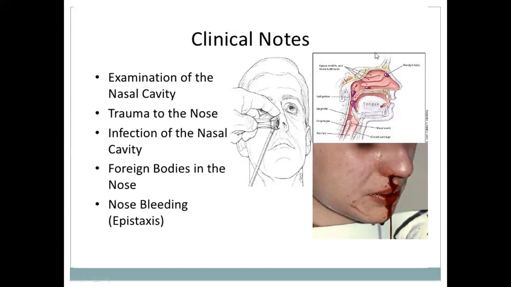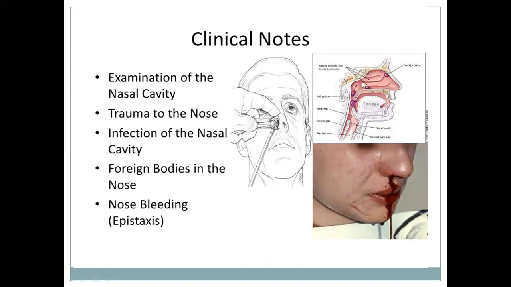So it causes meningitis and encephalitis. Any infection of the nose can be transmitted to the anterior cranial fossa, or through the opening of the auditory tube into the middle ear cavity.